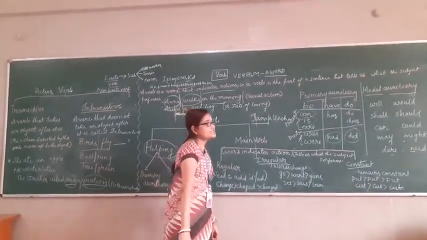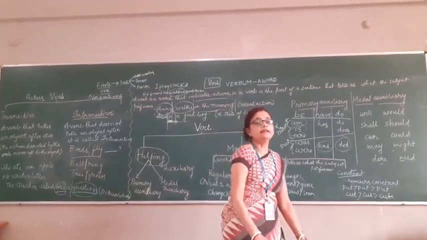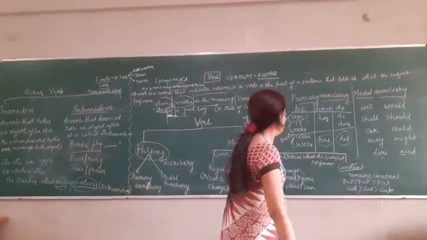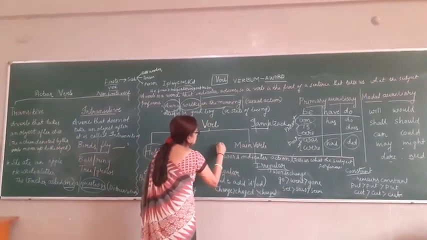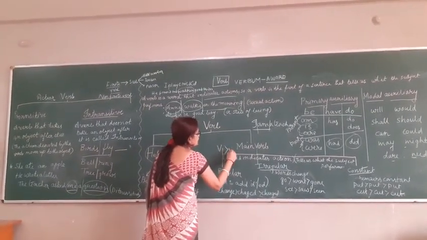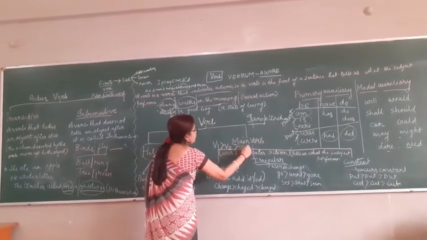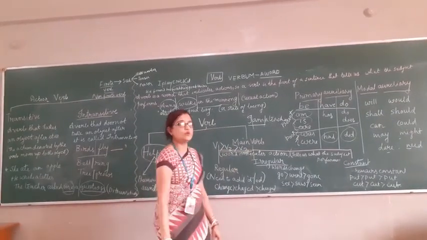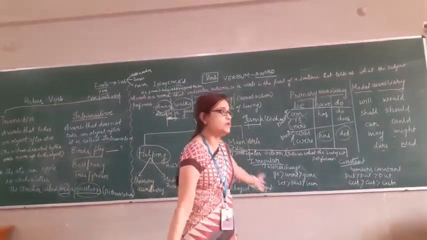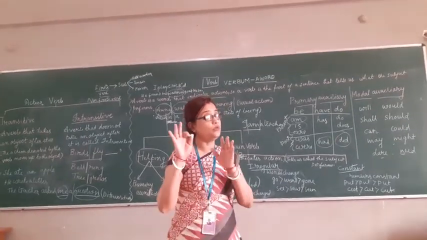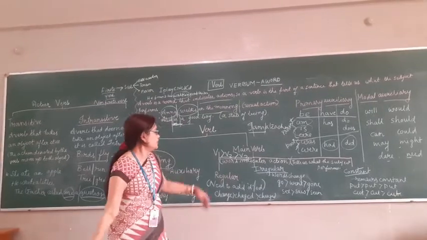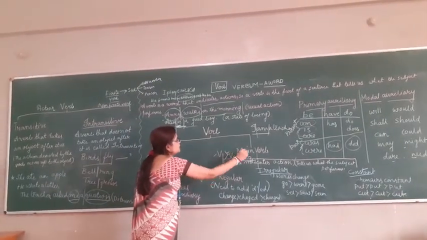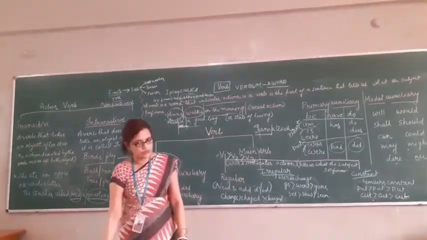Now, as per the tenses, we can divide it into V1, V2 and V3. Now, many of you may be familiar with this V1, V2, V3. Many of you aren't. So I would like to introduce this concept, because it will be very important in your further study.